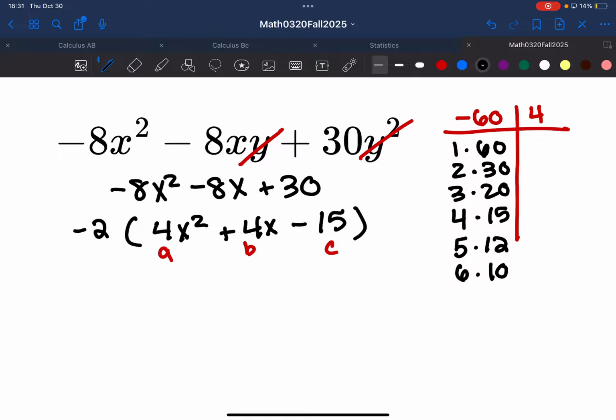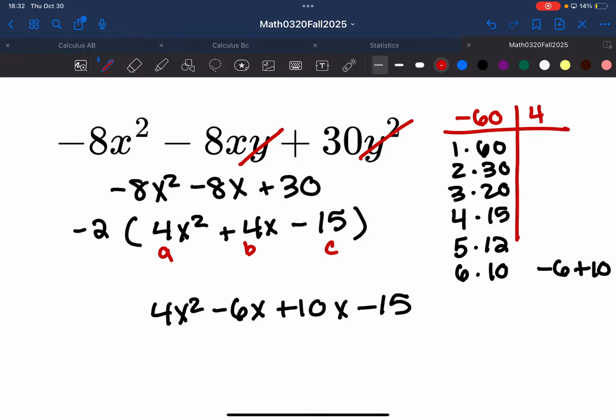I know I'm going to use 6 and 10, because which one do I make negative to get positive 4? 6. So this is negative 6 plus 10, which gives me a positive 4 when I add and a negative 60 when I multiply. So then I have 4x squared minus 6x plus 10x minus 15. And then my next step.